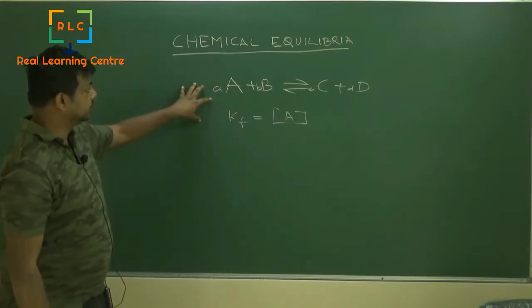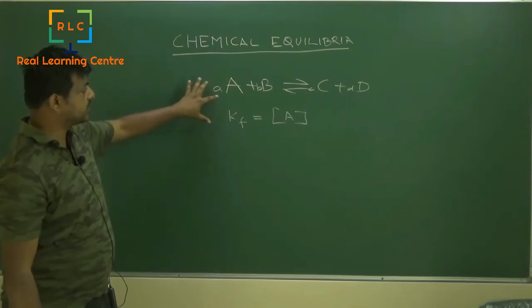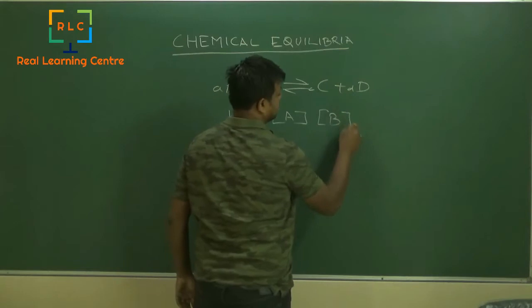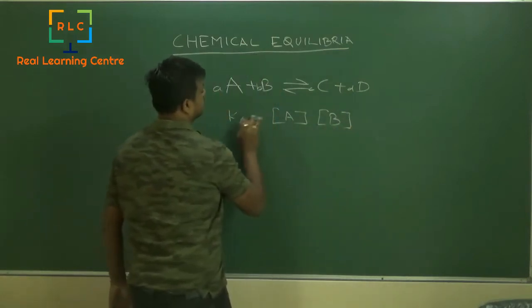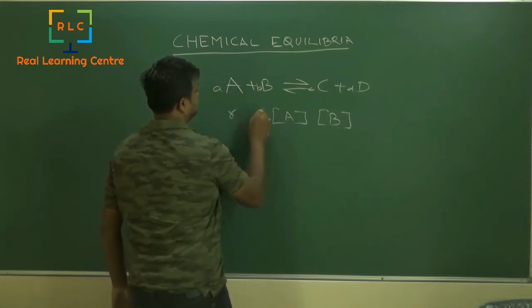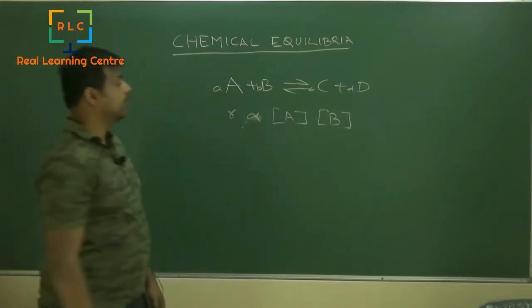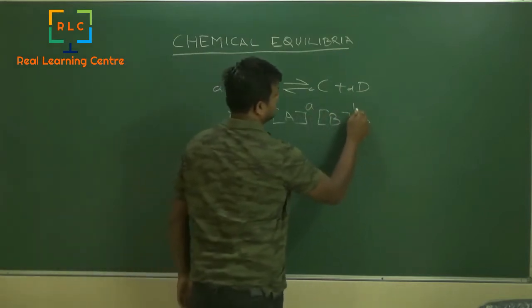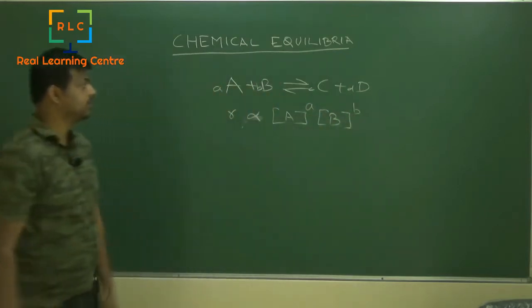So in this case, for the forward reaction, A and B are the reactants. So the rate is proportional to [A] and [B] raised to their stoichiometric powers, which are small a and small b.